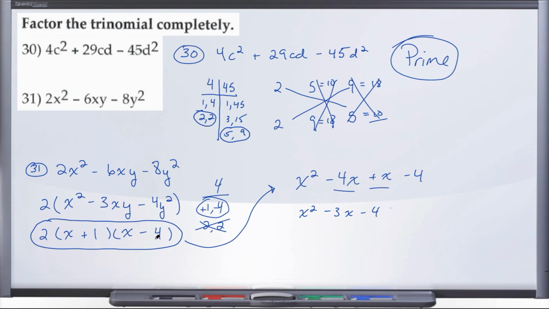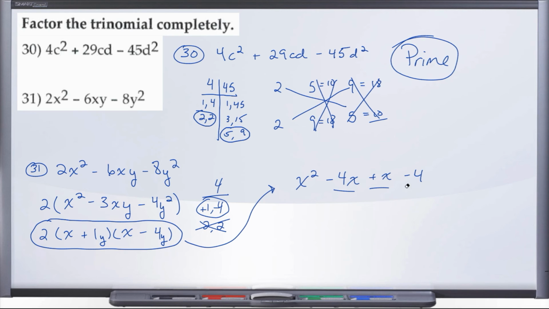And, oh, you know what I did here? We have a trinomial. I forgot to add the y here at the end, right? Because we have an x at the beginning of our trinomial, so this x and this x, but we have a y squared here at the end, don't we? So I need to add my y at the end. That was my mistake.